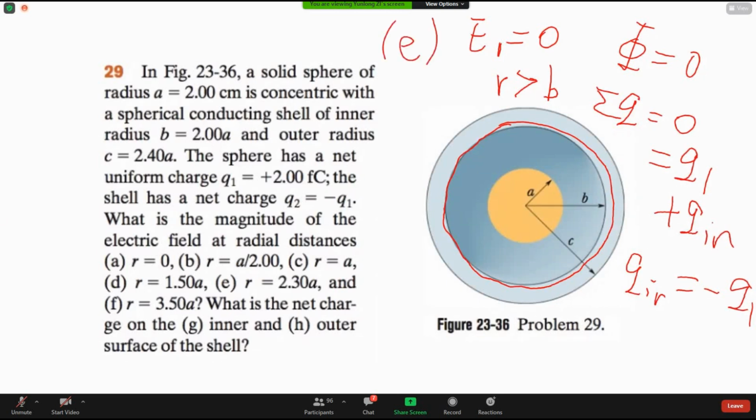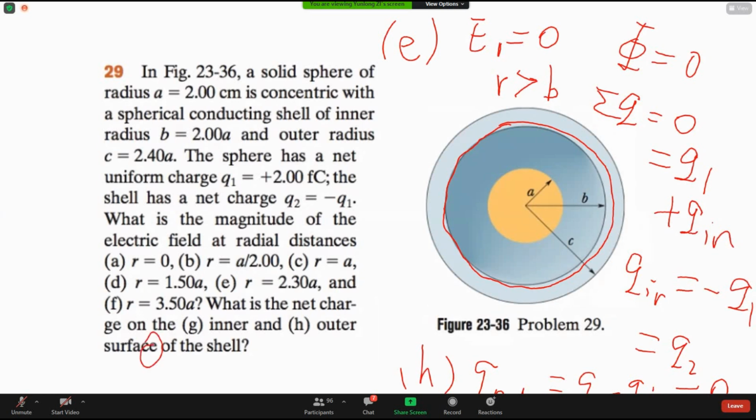Also, you can see the charge on the inner surface is minus Q1, which equals Q2, right? So for the outer surface, Q outer equals Q2 minus Q inner, and that is also 0.